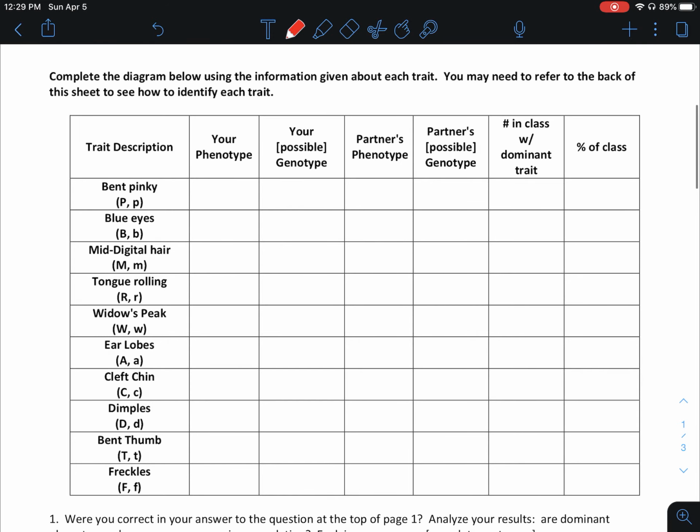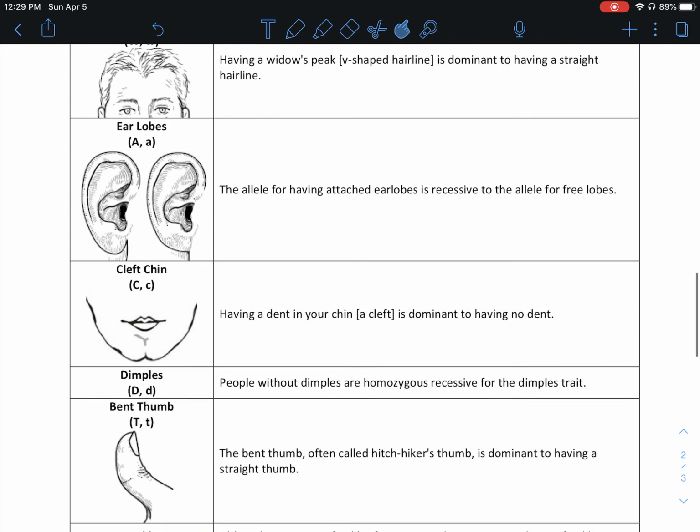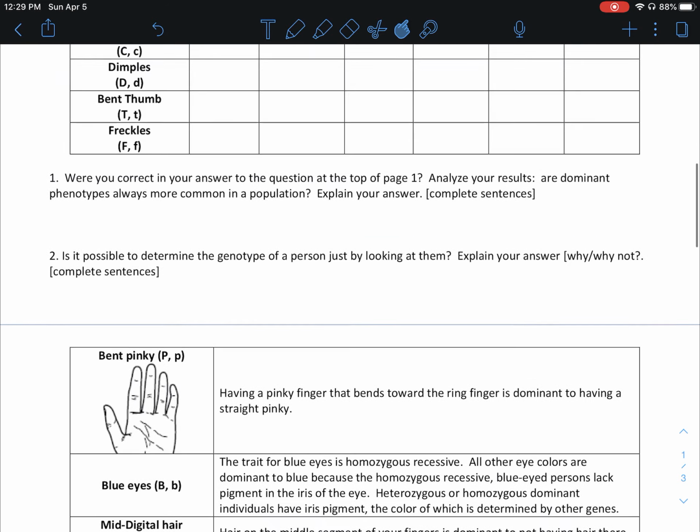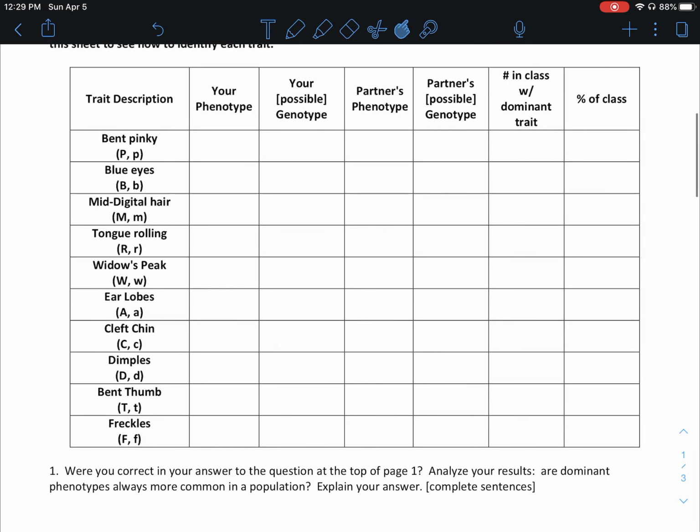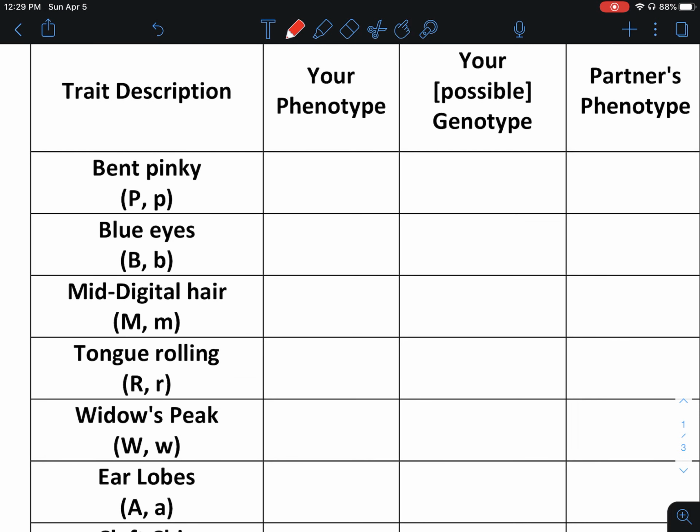Okay, so what you had to do for this is go into each of these traits and assess yourself. For me, I do not have a bent pinky. I do have blue eyes. I do have yes to mid-digital hair. I can roll my tongue.